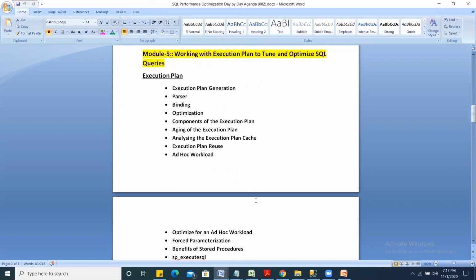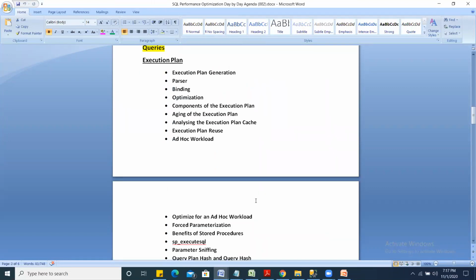Then I treat execution plan as a tool. So how the execution of a query is done, starting from parsing by the parser, binding by the binder, a subcomponent of the algebrizer, then how it is optimized by the optimizer.